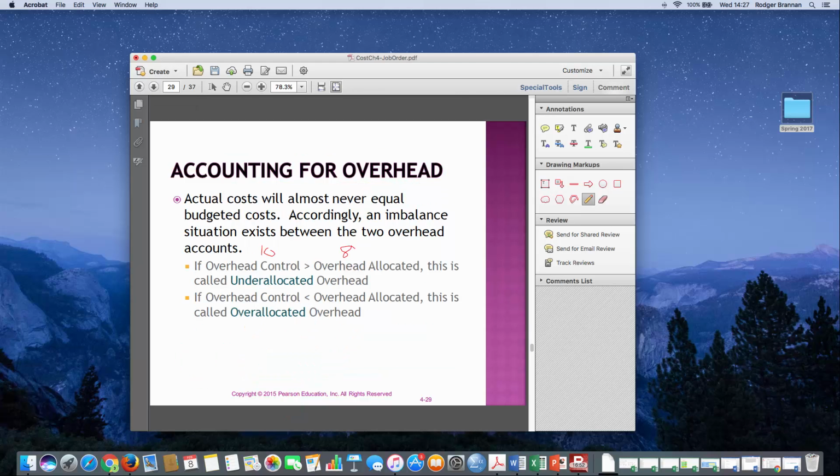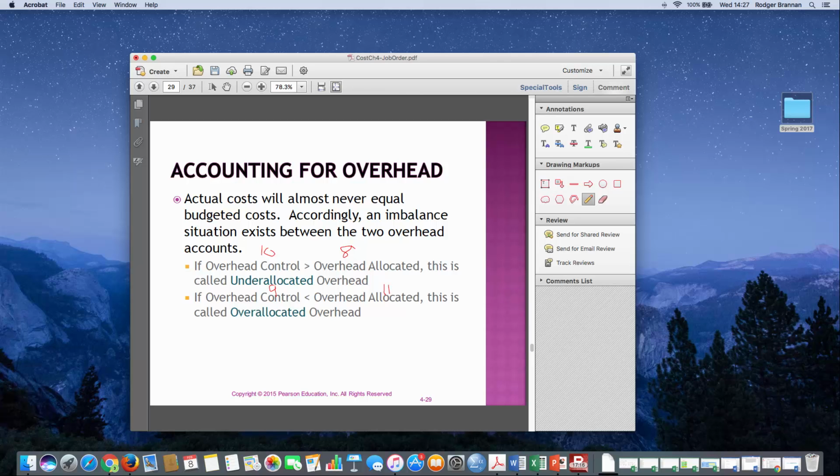Now, let's go over here. Let's assume that this is 9, just so we'll use different numbers, and this is 11. In this particular case, it means that for whatever reason, I over-allocated. I pushed too much cost into my inventory. My work in process, finished goods, and cost of goods sold are over-costed. They're too much.